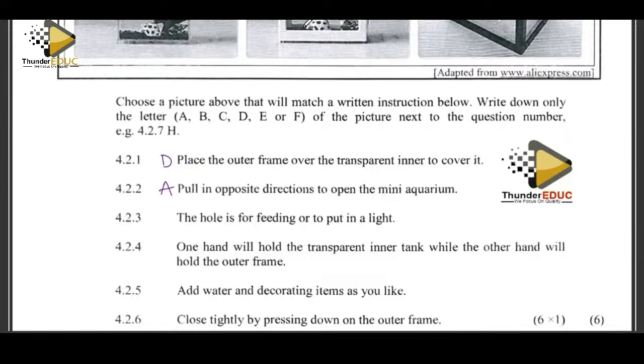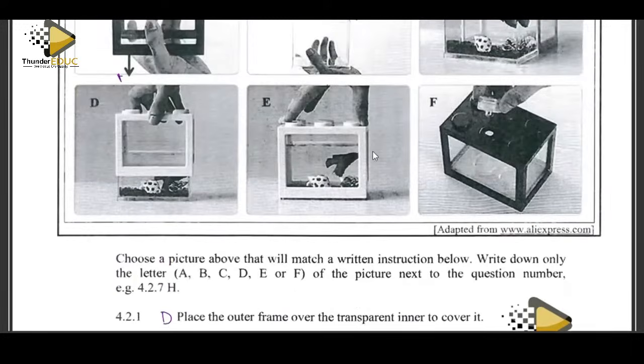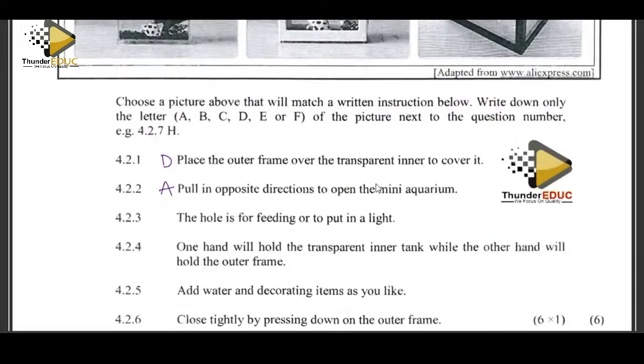The hole is for feeding or to put a light. Now, which part here has a hole? It's this. One hand will hold the transparent inner tank while the other hand will hold the outer frame.